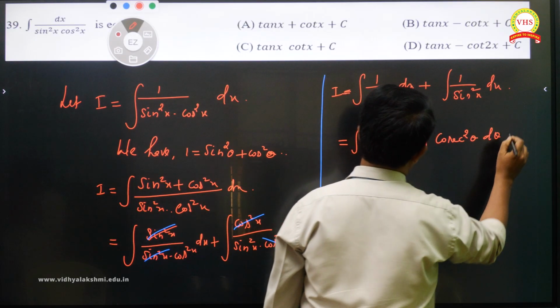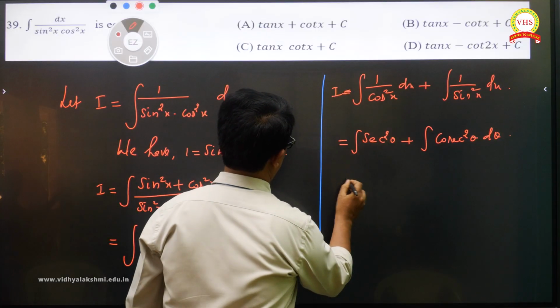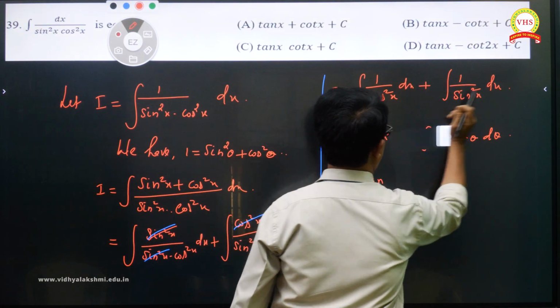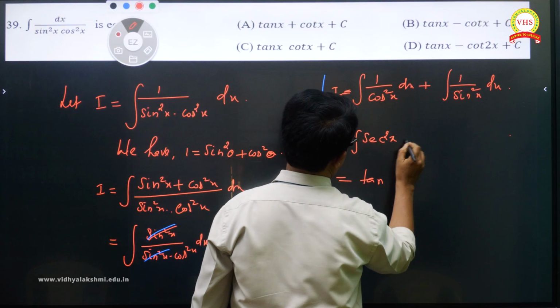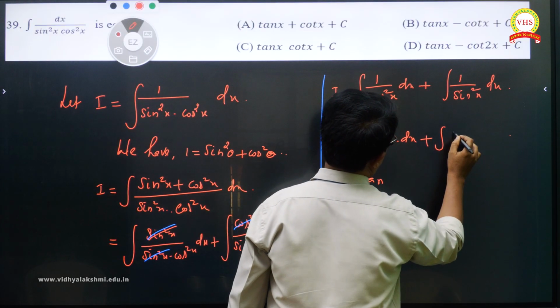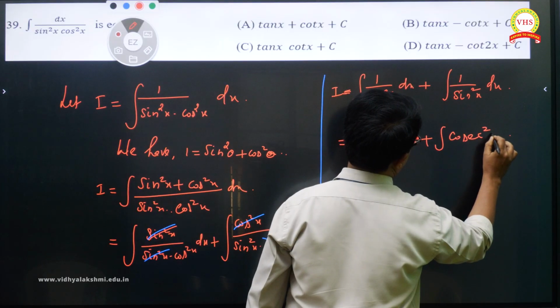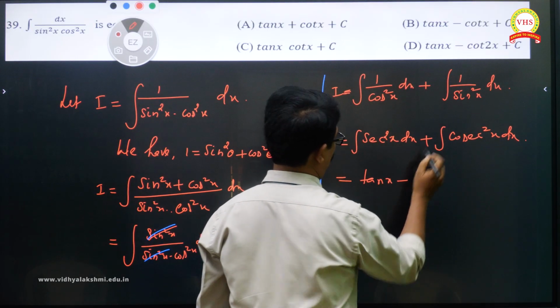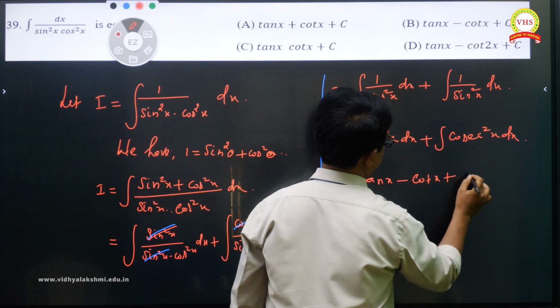The integral of secant square x dx is tan x, and the integral of cosecant square x dx is minus cot x. So I equals tan x minus cot x plus c.